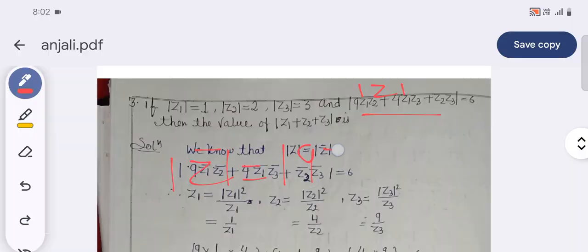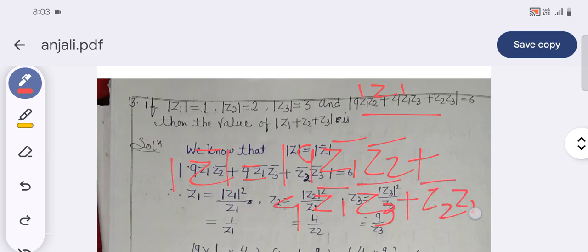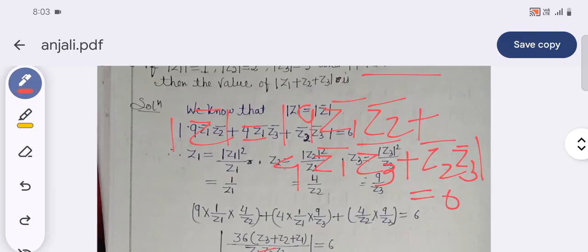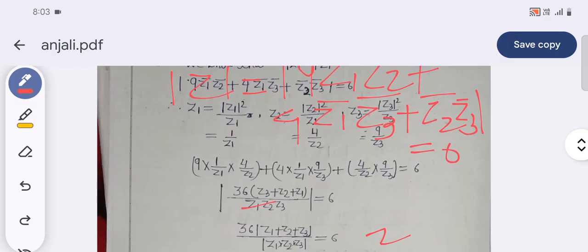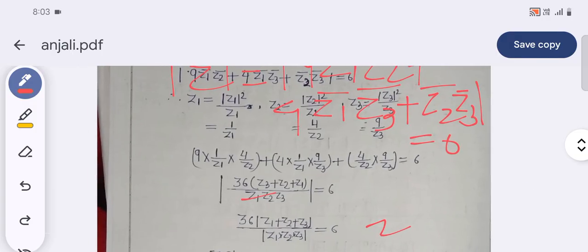Mod of 9 z1 conjugate z2 conjugate plus 4 z1 conjugate z3 conjugate plus z2 conjugate z3 conjugate is equal to 6. It is clear? Then we will use another property: z times z conjugate is equal to mod of z square.